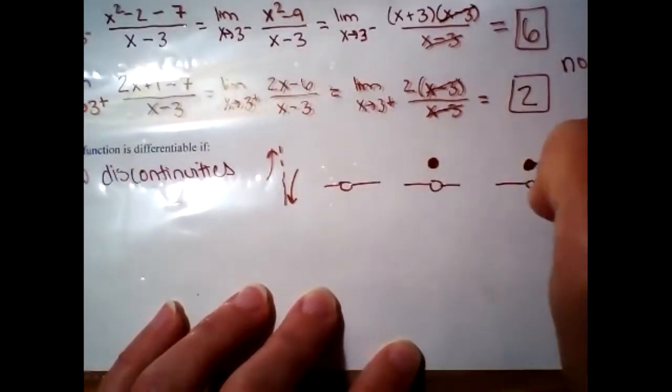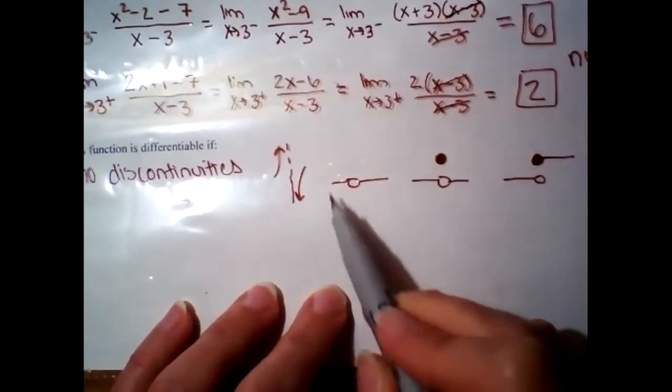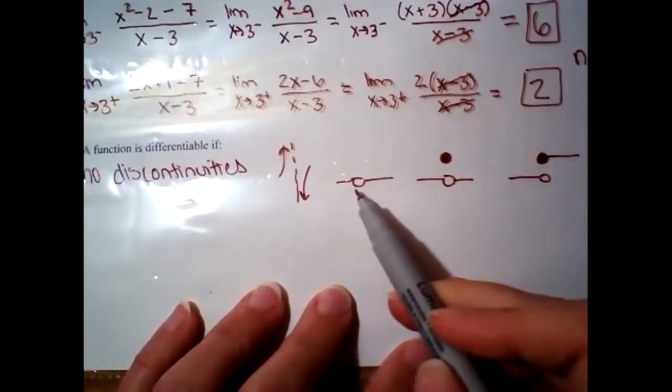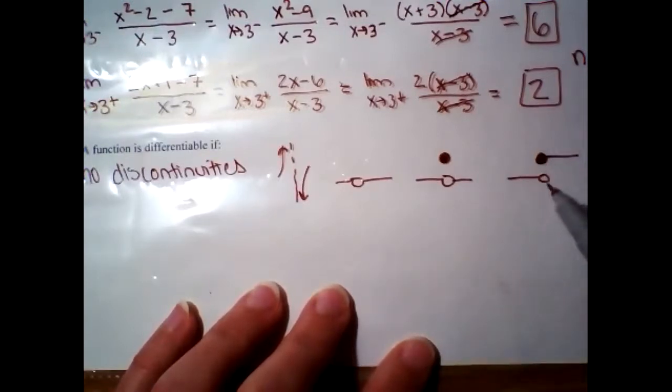Those are all your discontinuities. And so if your function's discontinuous, then it's also not going to be differentiable. You can't get derivatives at places where there's not even a point, or places where you have a jump like that. The slopes from each side aren't going to meet up.